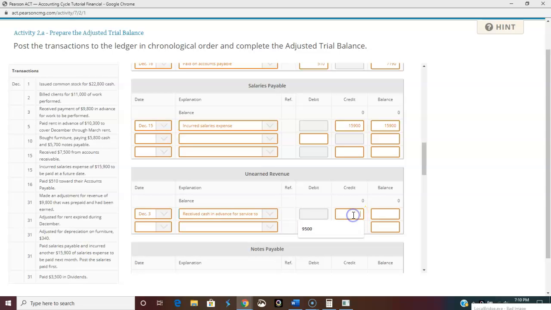And it was a credit of 9,800. So the balance is 9,800. And then on the 31st, we made an adjustment for the revenue. Was that our only one? Okay.